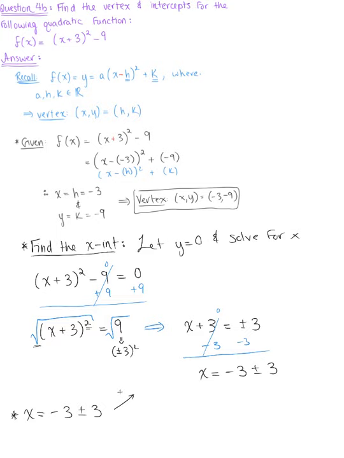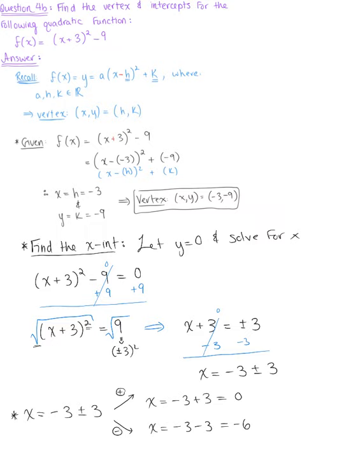We'll have a positive case, and we'll also need to consider the negative case. The positive case is x is equal to negative 3 plus 3, which leaves us with 0. And in our negative case, we have x is equal to negative 3 minus 3, which is negative 6.